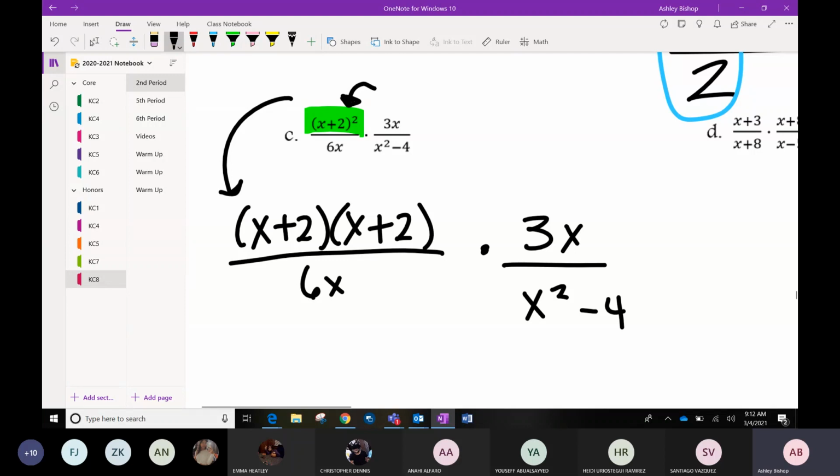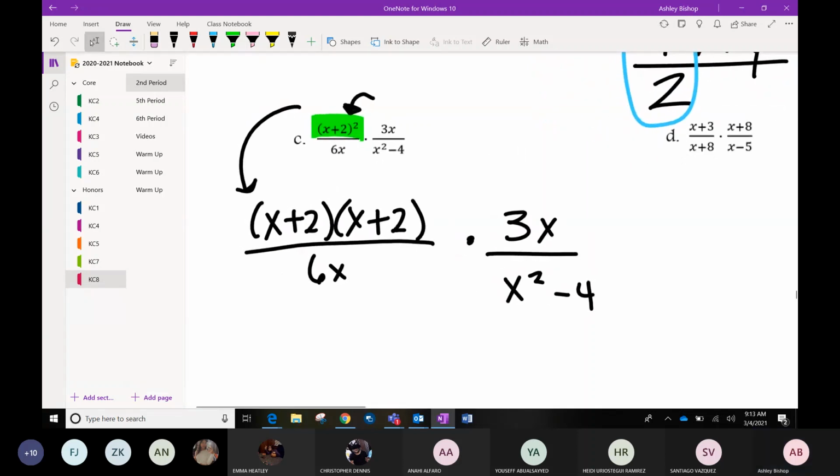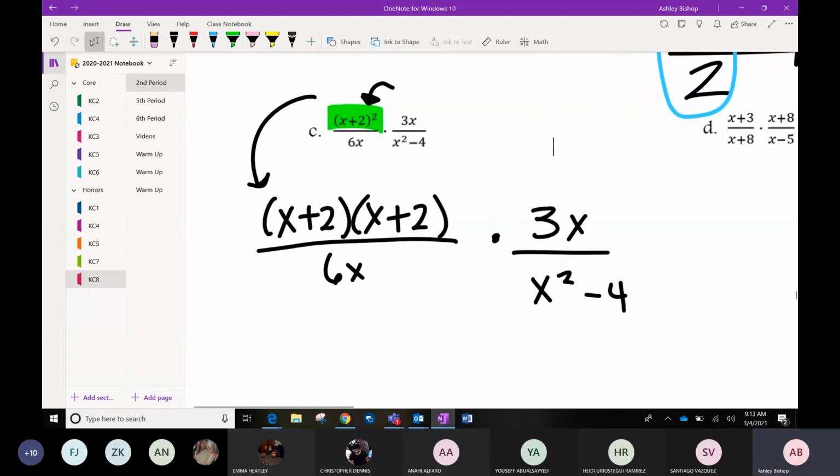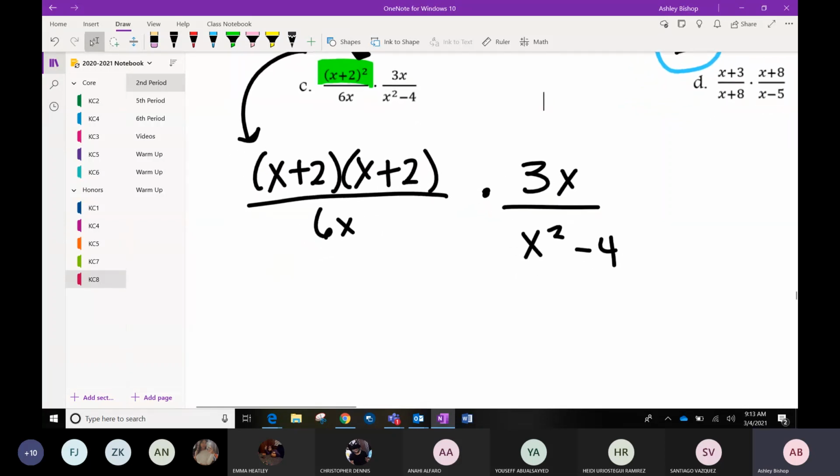I'm not going to rewrite this as x times x minus 4. I'm going to keep that as x squared minus 4. And then your idea here is anything that can factor, you're going to want to factor.